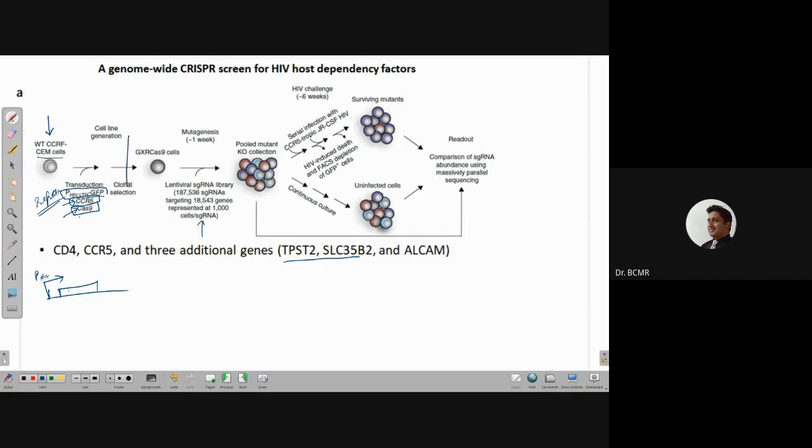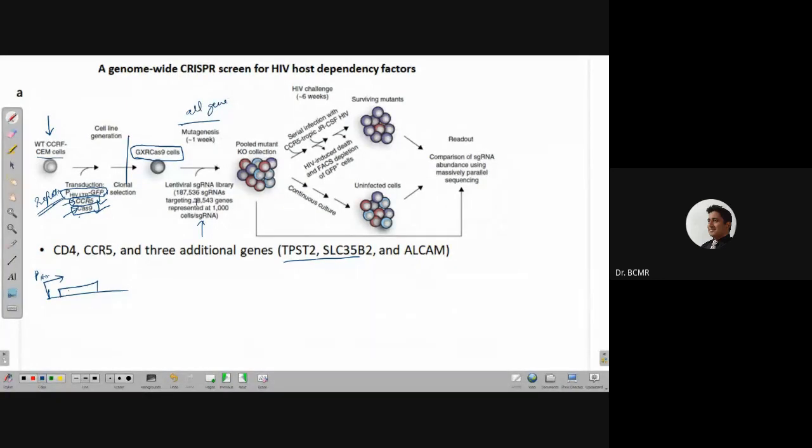After doing all this preparation, they have now come to GXR Cas9 cells. GXR Cas9 cells have a reporter gene with the GFP like this. CCR5 is put in there, and also Cas9. Then they have done the mutagenesis of all the protein coding genes.